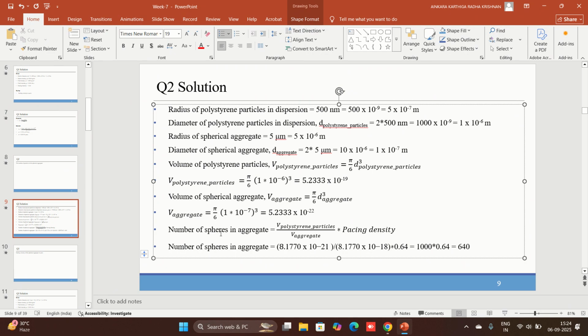So the number of spheres in the aggregate will be equal to, with the packing density, I'll show you how.